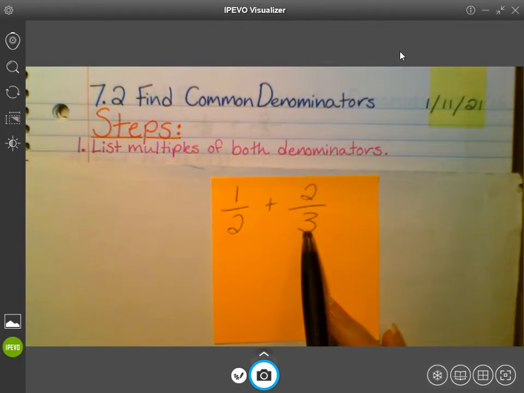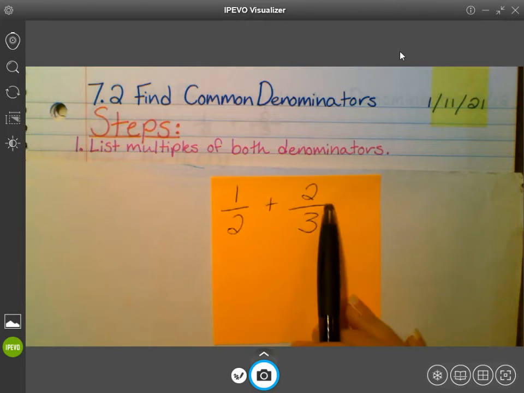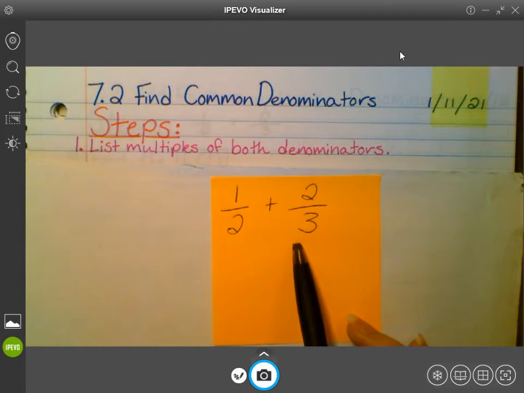No. When you add and subtract fractions, you can't add or subtract them until they have the same denominator. So when I say we are finding common denominators, we are finding ways to rewrite our fractions that we might be adding to where they have the same denominator, but we're not changing the value.